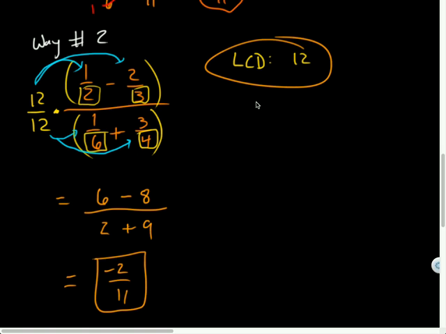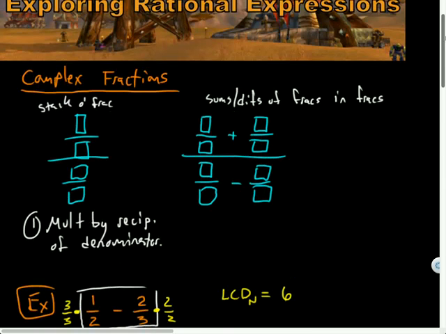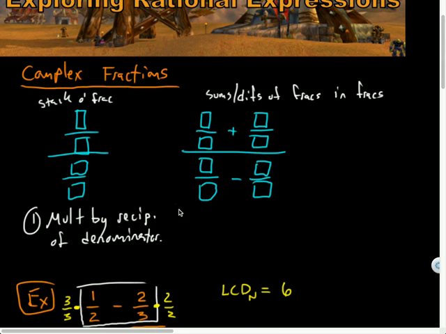So I find the LCD of the denominators, and then what do I do? Multiply the entirety of the numerator and the denominator by the LCD. Sure. I like that language. Good. So this will be our strategy. Find the LCD of the denominators.